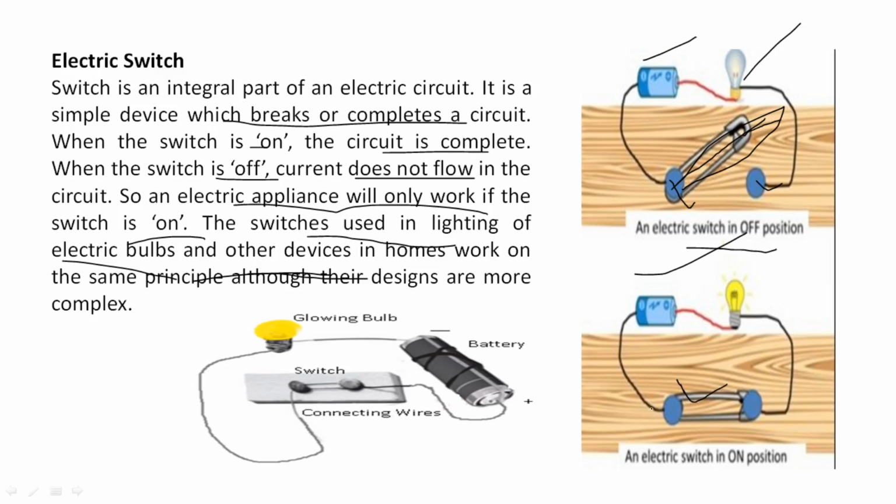But look at the downside: here the two sides of the safety pin are attached to two metal tips, so the bulb is glowing. That's why this is an electric switch in on position. Here is the glowing bulb and battery, the switch, and the connecting wires. The switch is attached, so the bulb is glowing. If you detach the switch, the bulb will not glow.